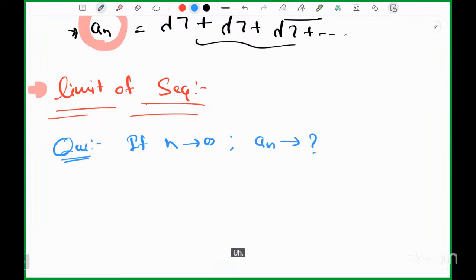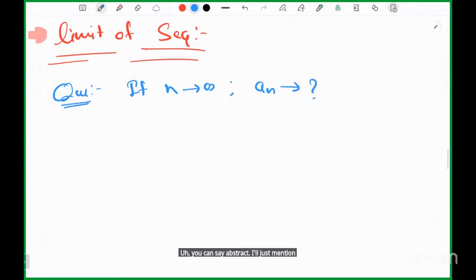The original definition of limit is actually a little bit abstract, so I'll just mention the definition. Don't bother if you don't understand, that's also fine.